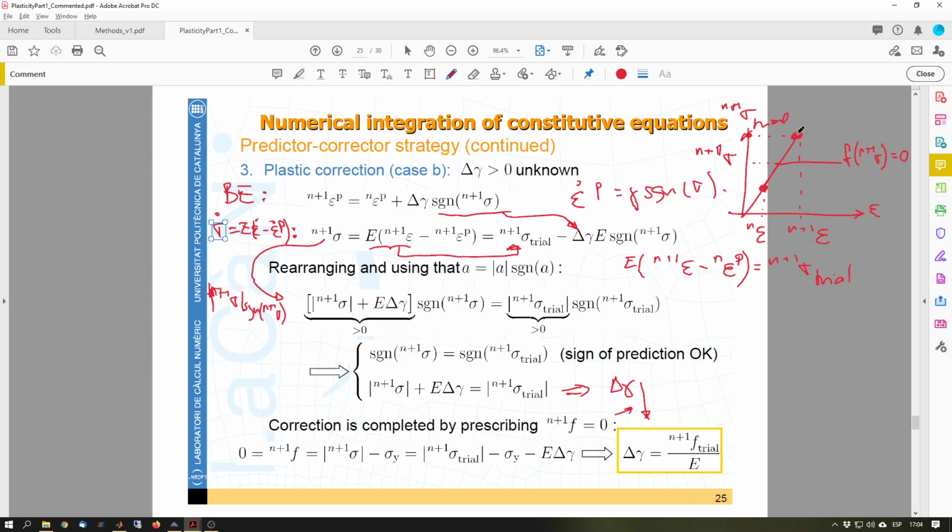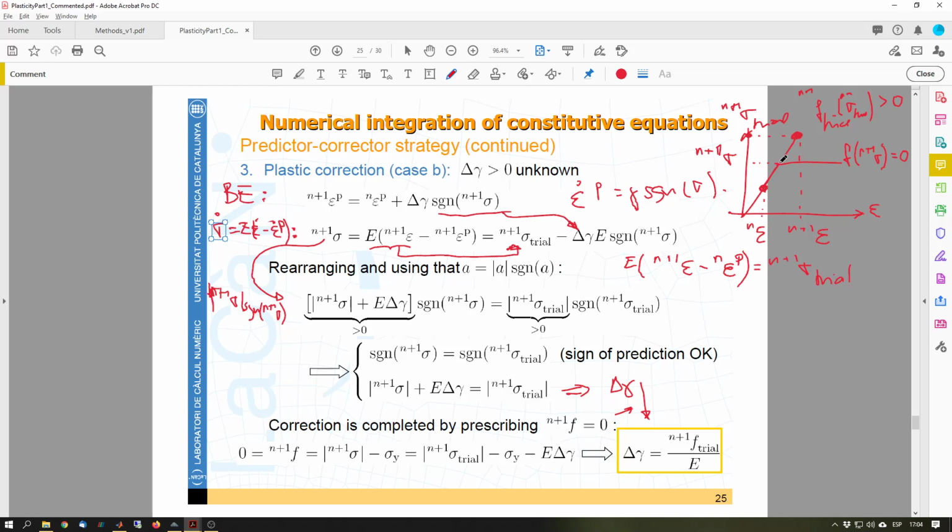So f, which was positive here, f n plus 1 trial of our sigma n plus 1 trial, then we had this was non-admissible, that was larger than 0, and what we do is correct it by dividing by the Young modulus. This is what is giving our amount of delta gamma.